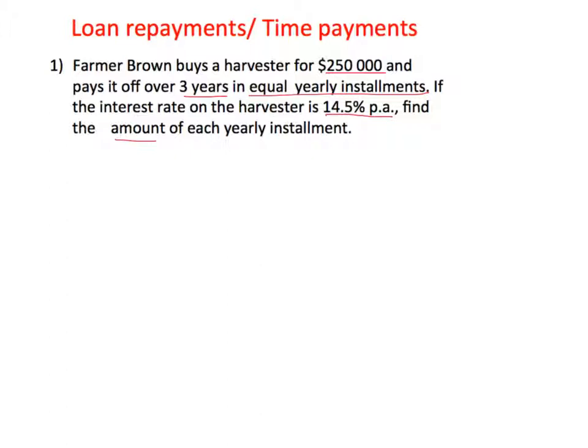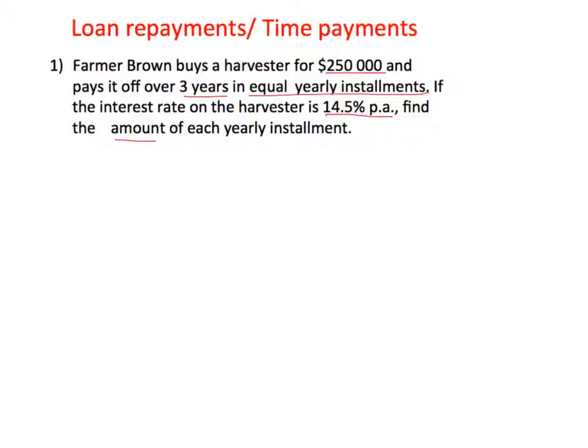And then he makes his second yearly instalment. The amount owing at the end of that second year becomes the new amount owing at the beginning of the third year. That becomes the new principal for the third year. The interest is calculated again for that whole balance that's owing and added on, and then he makes his third and final yearly instalment.